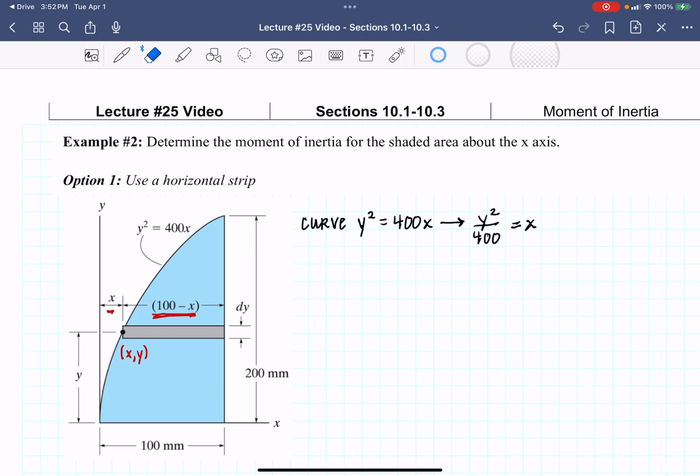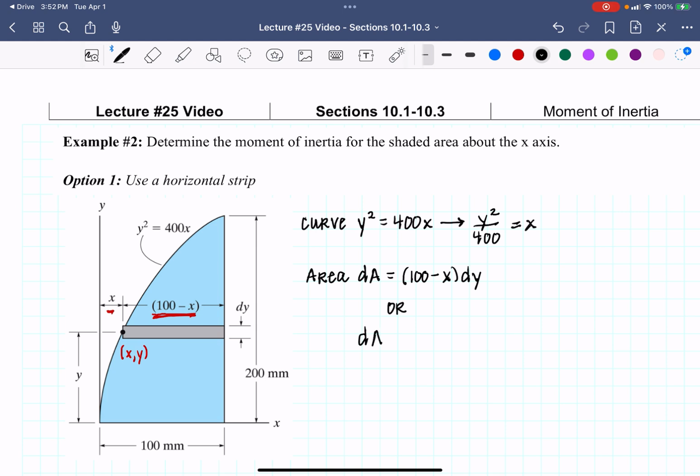So my area dA equals 100 minus x, because that's the length, times the height, which is dy. We can rewrite that to be dA.